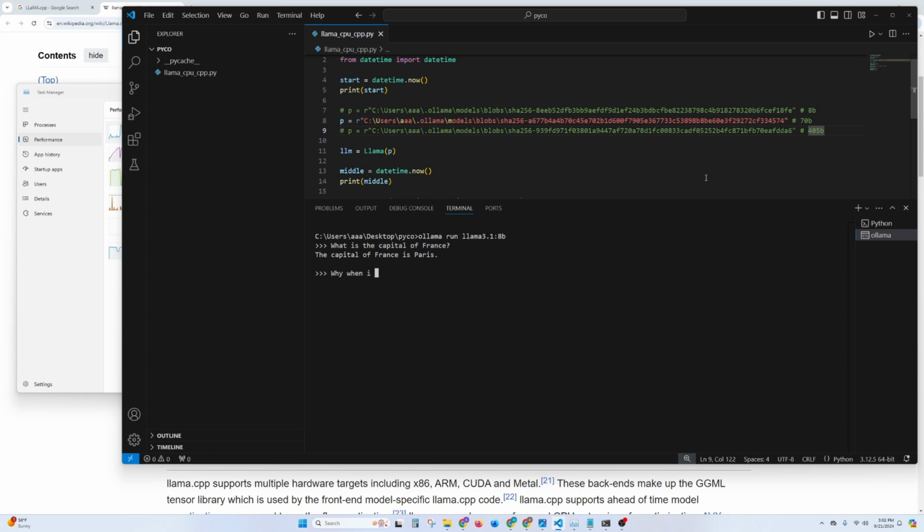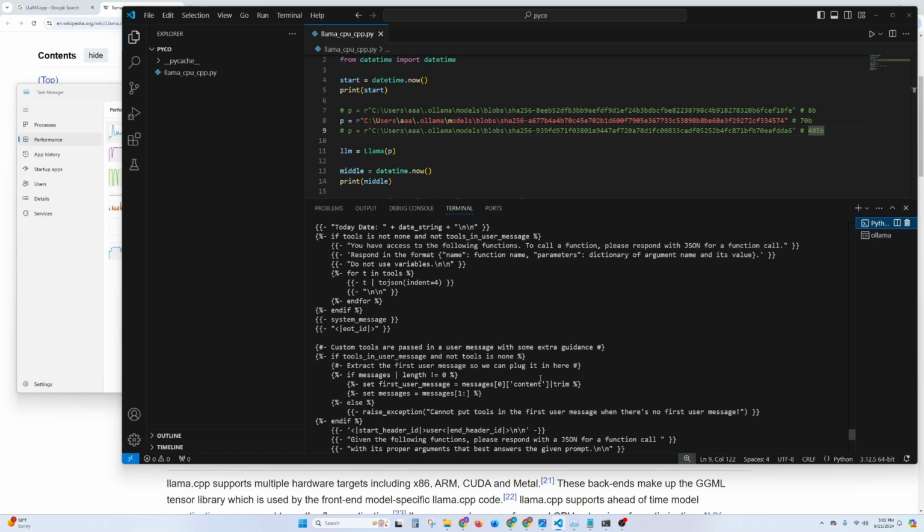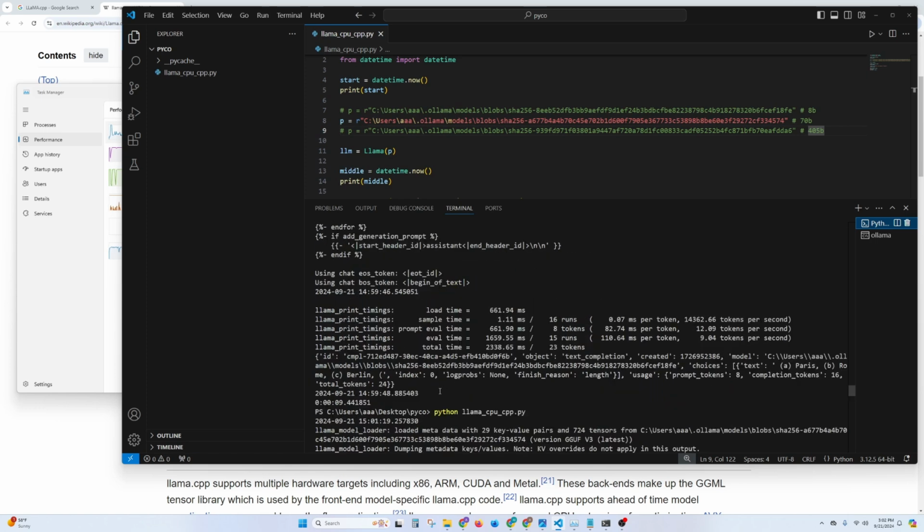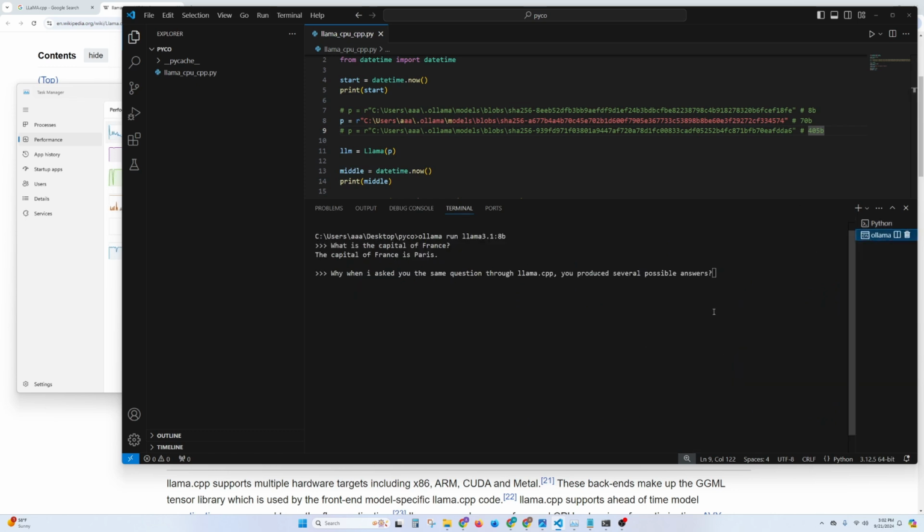Why, when I asked you the same question through llama CPP, you produced several possible answers? And I will, in fact, go back to the response and copy it and show it to the other model.